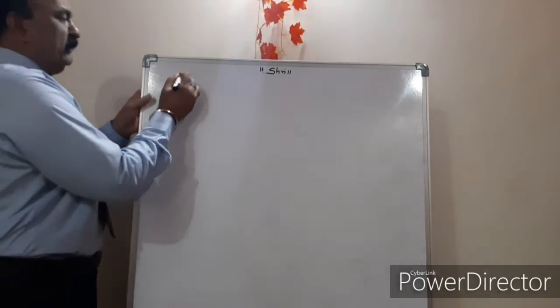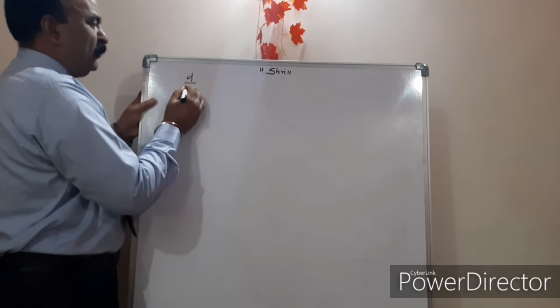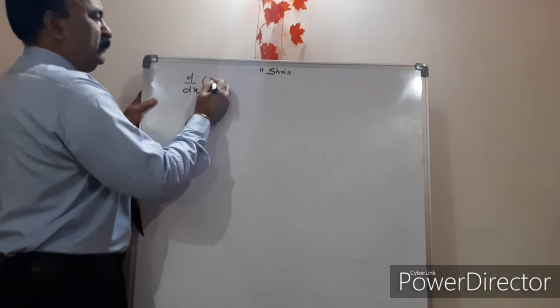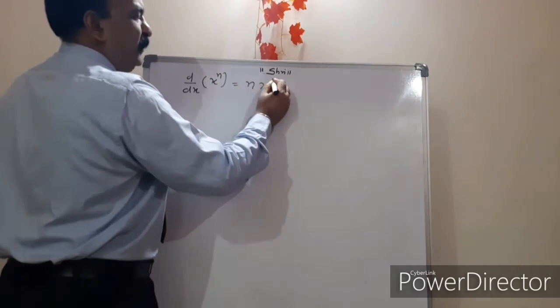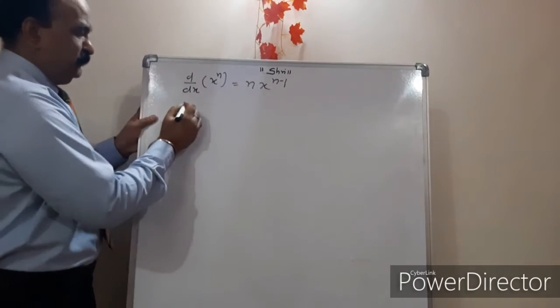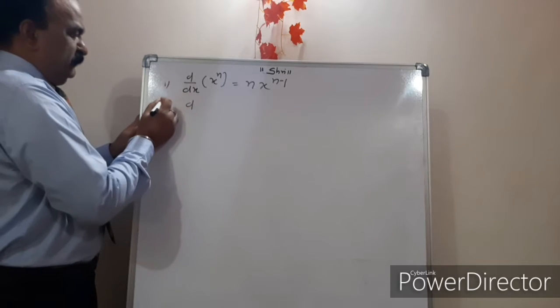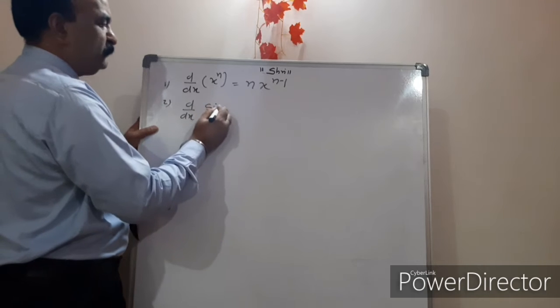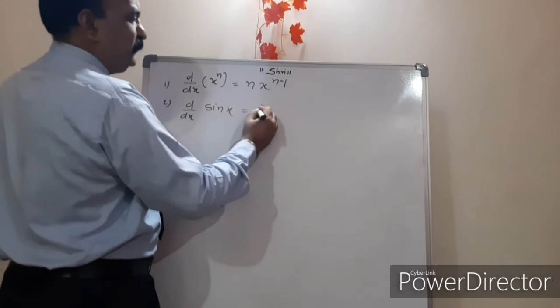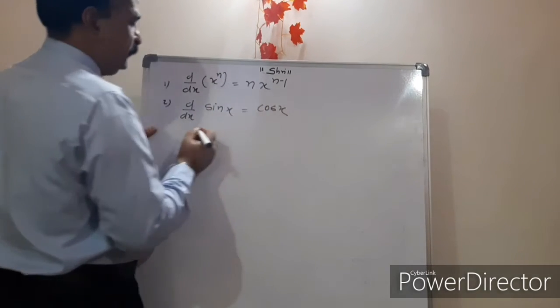First formula is d/dx of x to the power n, you will write n x to the power n minus 1. Second formula is d/dx of sin x, which means cos x.